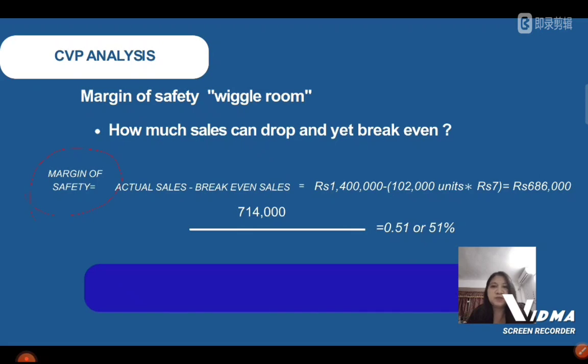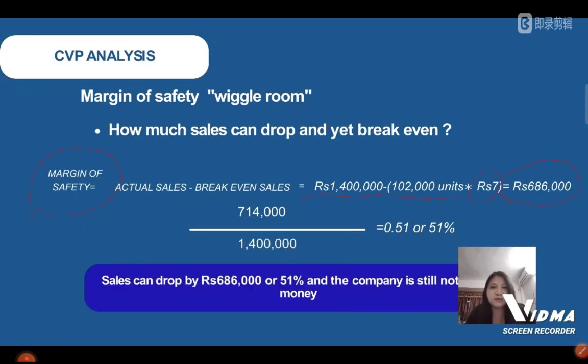So again, if we have 200,000 units times 7 rupees per unit, that gives us actual sales of 1.4 million rupees minus our break-even sales. Remember, in order to cover the production costs, we need to sell about 102,000 units multiplied by 7 rupees, the price per unit. That would give us 686,000 rupees as our margin of safety.